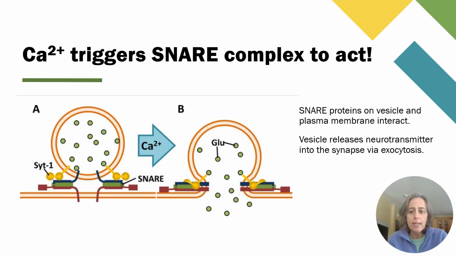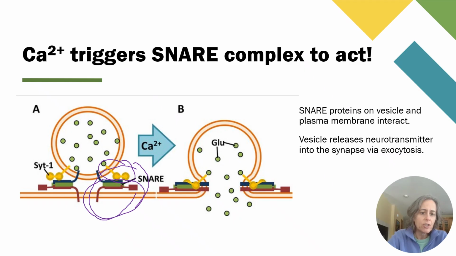Calcium is going to enable something called the SNARE complex of proteins to interact and result in exocytosis. Let me change to purple. Over here is a collection of proteins. One type is attached to the vesicle itself. That's often called a V SNARE. And then we have these other ones down here that are attached to the plasma membrane, which is often called the target membrane.